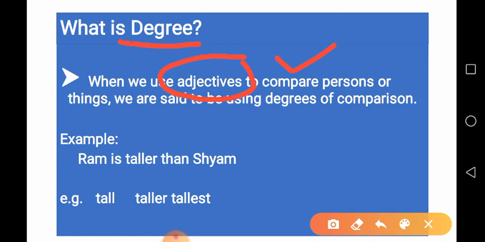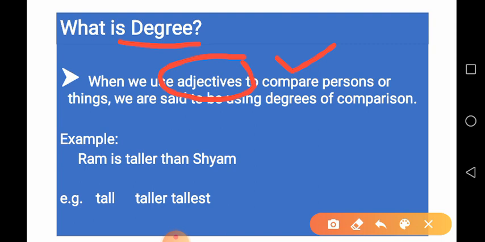Students, do you know adjectives? Yes. Adjective is a word which is used to give more information about the noun, and such adjectives are used to compare objects when we use them in a degree. For example, a clever boy.